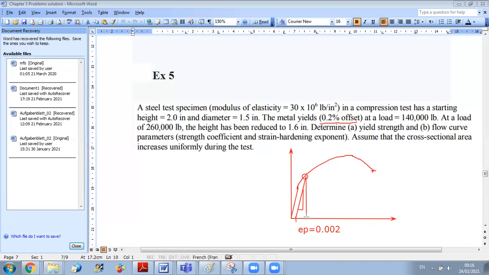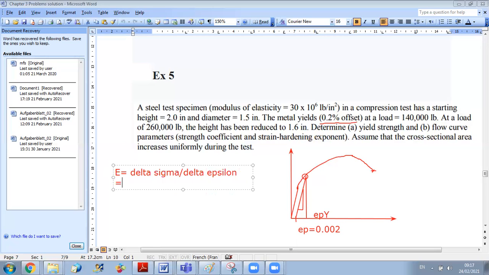And what is delta epsilon? Delta epsilon will be epsilon yield minus 0.002. So I can write that the modulus of elasticity E is equal to delta sigma over delta epsilon.